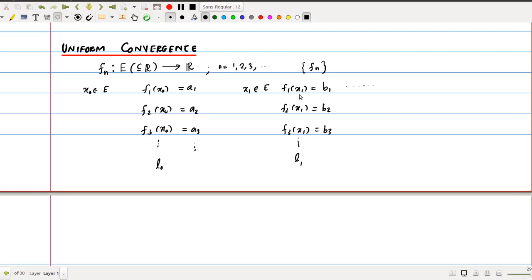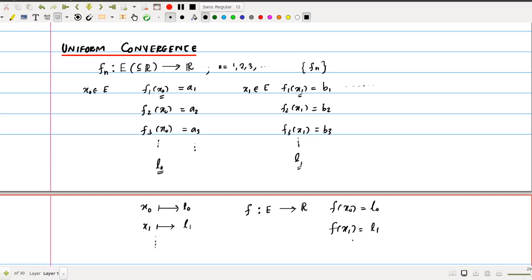Then corresponding to each x0, x1, x2, etc. belonging to E, we can get unique numbers called L0, L1, etc. Corresponding to x0, we get L0, corresponding to x1, we get L1, and so on. This enables us to define a new function f again from E to R, by the rules f of x0 equal to L0, f of x1 equal to L1, and so on.